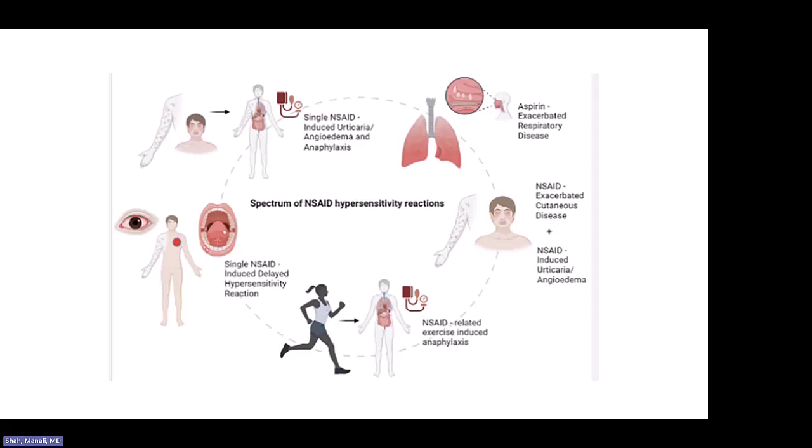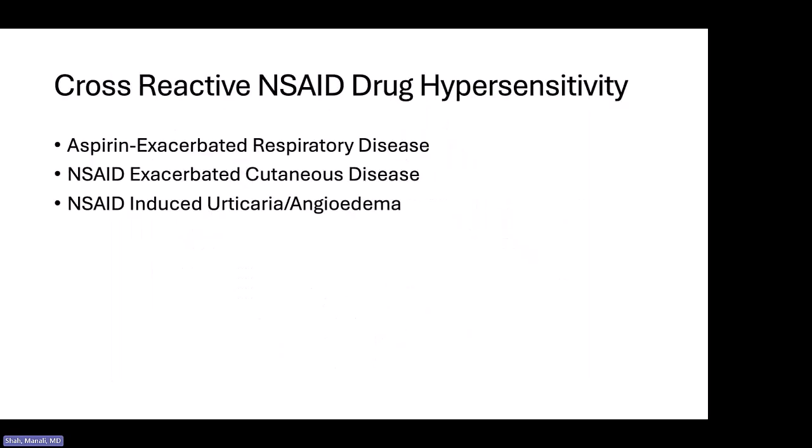This is a picture of the different spectrum of diseases that can have NSAID hypersensitivity reactions. The cross-reactive types are these 3, meaning if patients have a reaction to aspirin or an NSAID, they'll probably have reactions to other NSAIDs as well, especially COX-1 inhibitors. We'll talk about each one of these in detail.